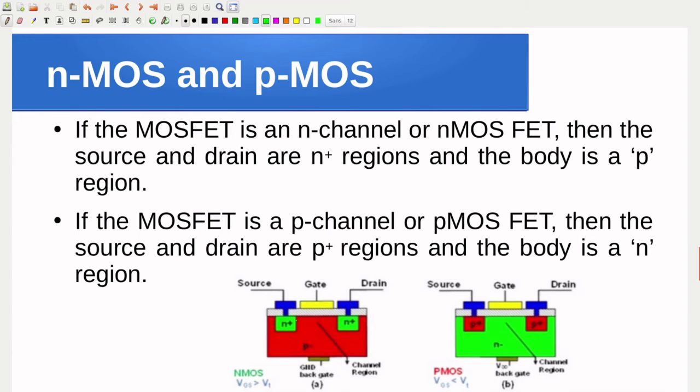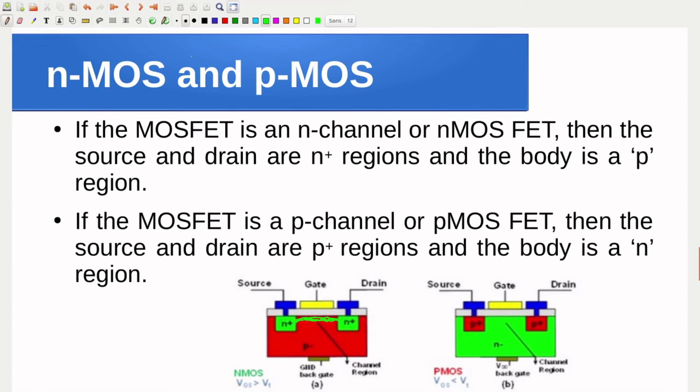And when gate voltage is applied, a channel forms between the source and the drain, which is helping the movement of current between source and drain.